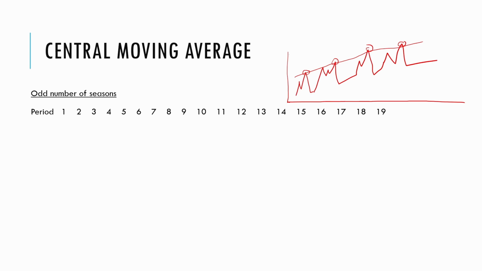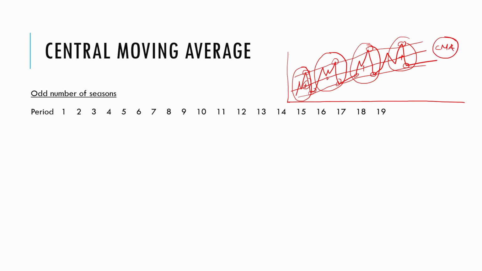Another is you take the low points here and try to fit a trend line. Another option is to take the middle, that means the average of these observations, then the average of these, and then try to fit a trend line. This is the method known as CMA.